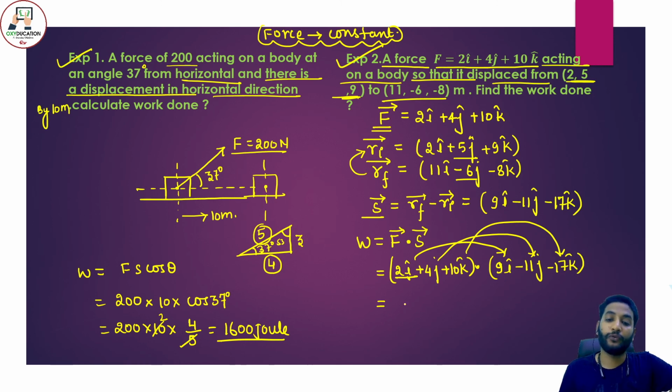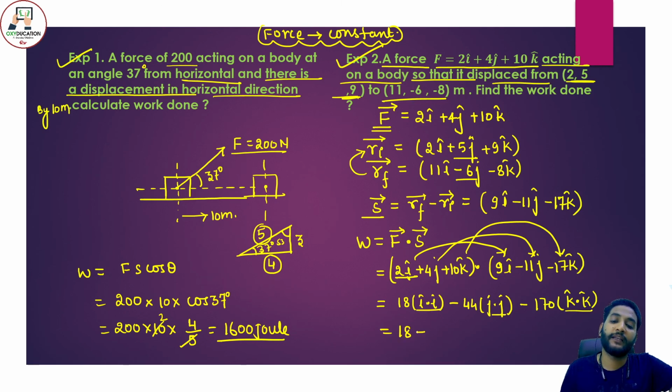Okay, 9 into 2, that is 18 i dot i, minus 11 into 4, that is 44 j dot j, and 17 into 10, that is minus 170 k dot k. Now we know that i dot i, j dot j, k dot k will become 1. Hence 18 minus 44 minus 170, and calculate, अगर इसे आप करना है तो आप कर लो. तो कितना हो जाएगा बेटा?